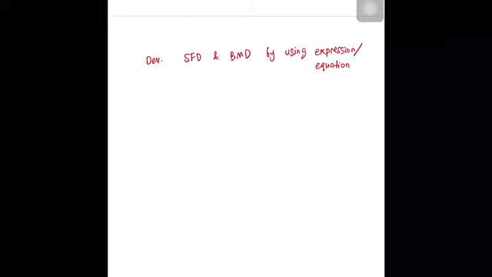First, you have to draw the free body diagram and then calculate the support reactions by using equilibrium equations.